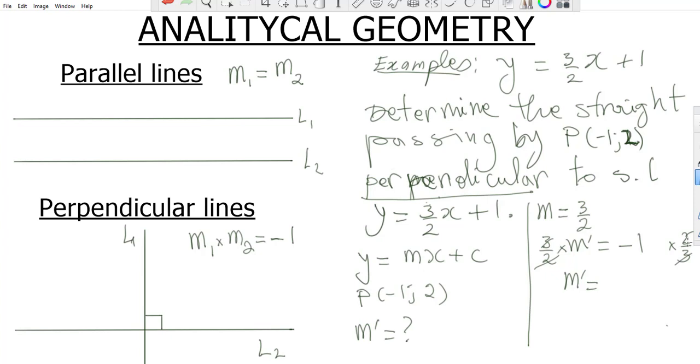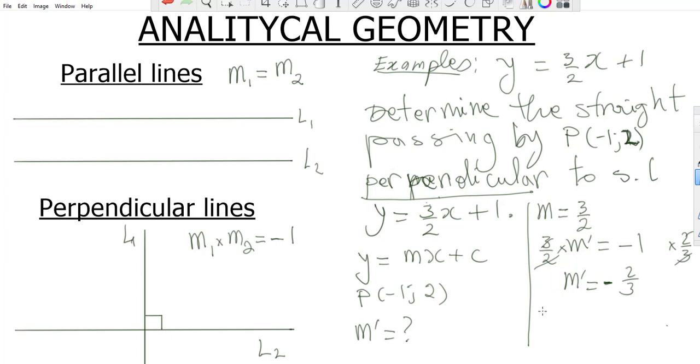And then minus 1 times 2 over 3, we have minus 2 over 3. So once you are done, you can see here we have minus 2 over 3. Now let's find the equation of a straight line.